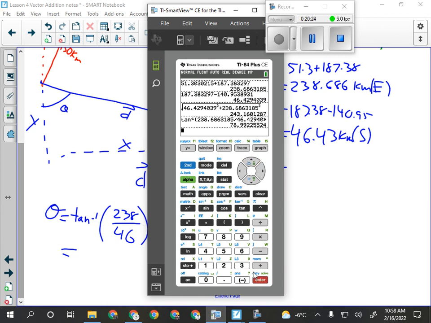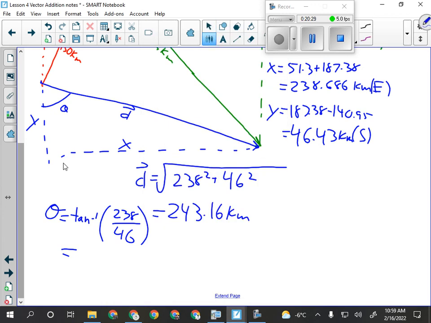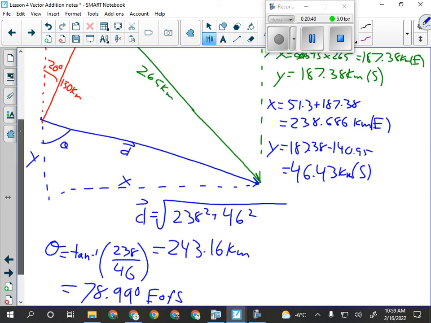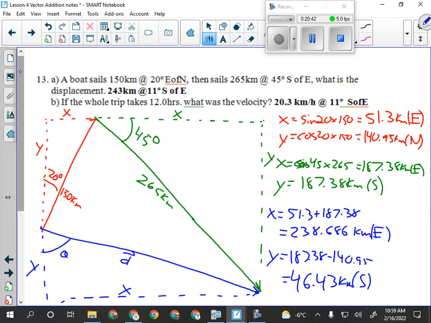Sorry, not 89, 79 degrees, 78.99, so degrees, and that is gonna be east of south. Okay, question asks, that's part A, okay?